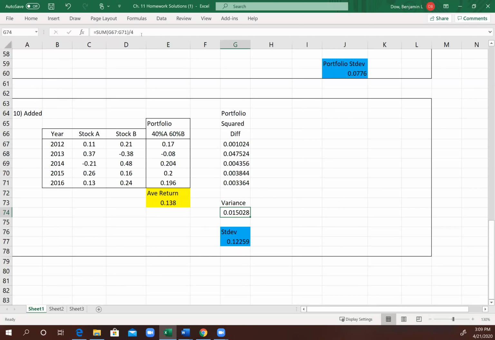Then to find the variance, I add them all up, and instead of dividing by 5, I divide by 5 minus 1 to account for the degree of freedom. So there's 1 degree of freedom. So divide by n minus 1 gives you a sample variance. Take the square root and you get the standard deviation.